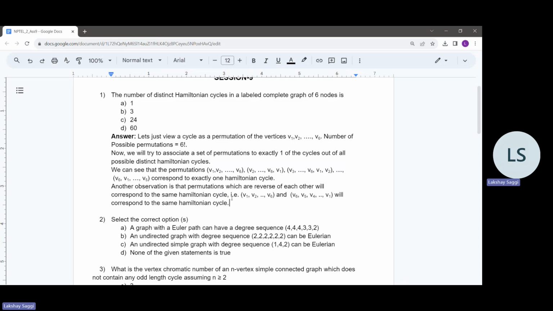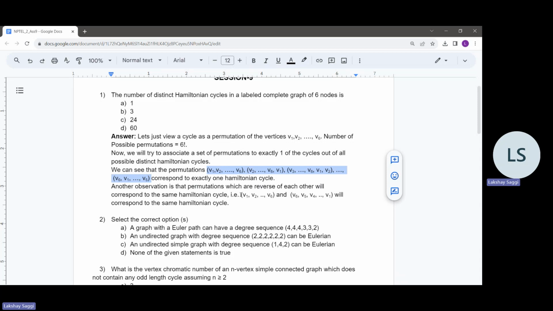And why is this? Whenever we draw a graph, if we label the vertices as V1 to V6, all these permutations will correspond to the same cycle, and that cycle can also be obtained by counting the vertices in their reverse order. So first we count the vertices, let's say, in the clockwise direction.